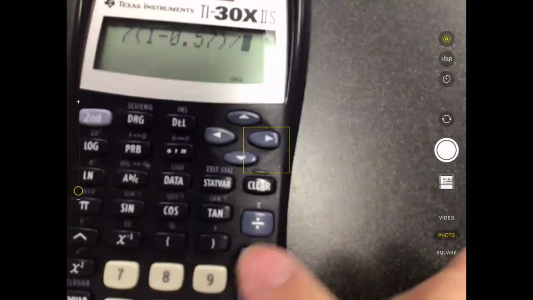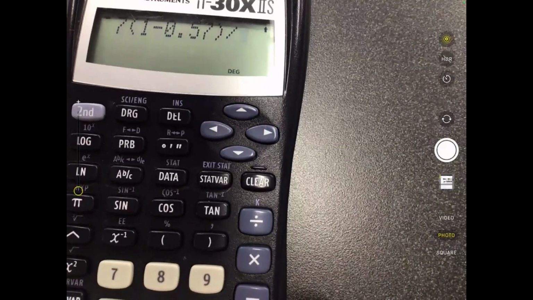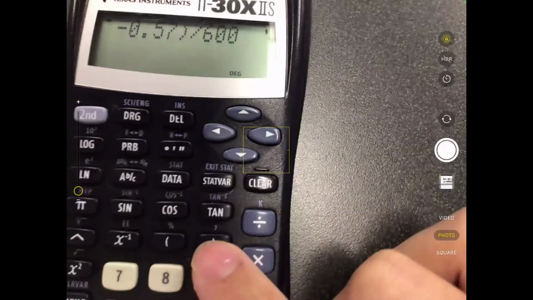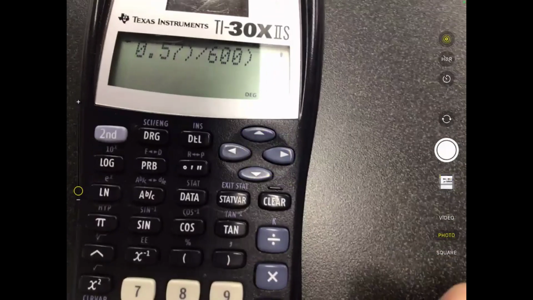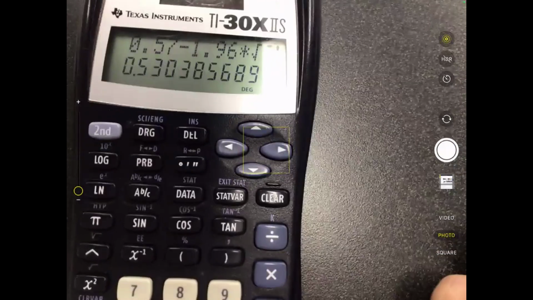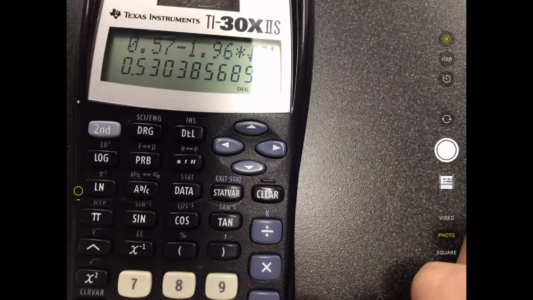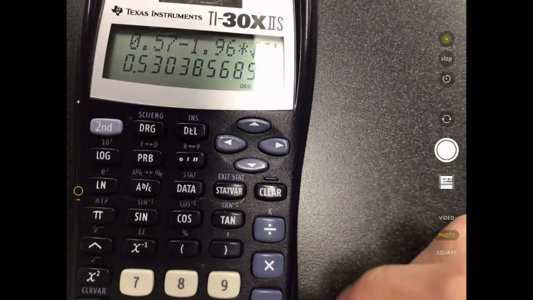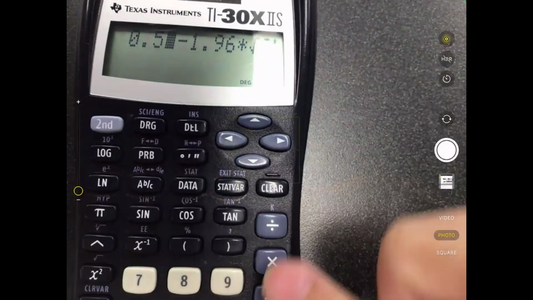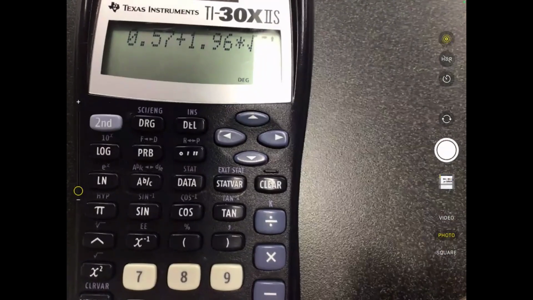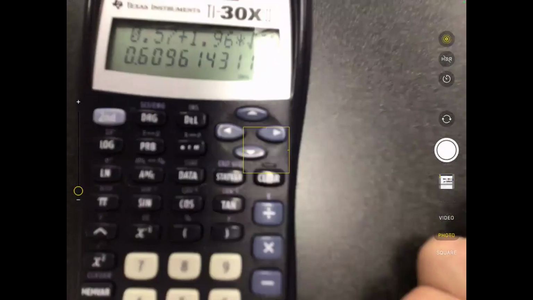And that's divided by the sample size of 600. Then I'll close up the square root. The lower bound would be that number. And then for the upper bound, instead of minus, you just edit it to a plus to get that.